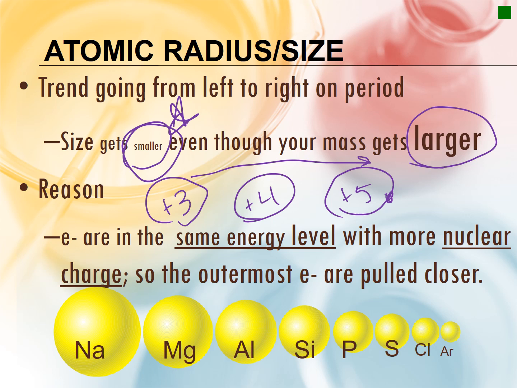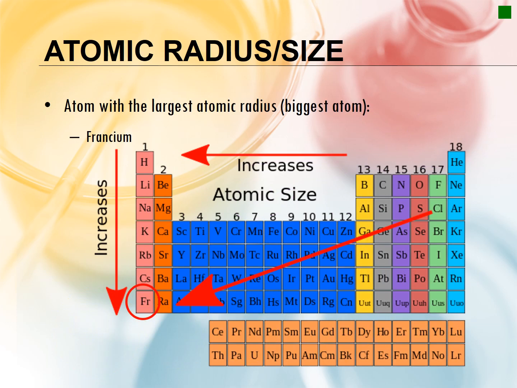What are things going to do when they're more attracted to something else? They're going to move in closer. Because your charge gets larger as you go from left to right, these electrons become more and more attracted to the nucleus, so they become closer and closer. So your size decreases as you go from left to right.